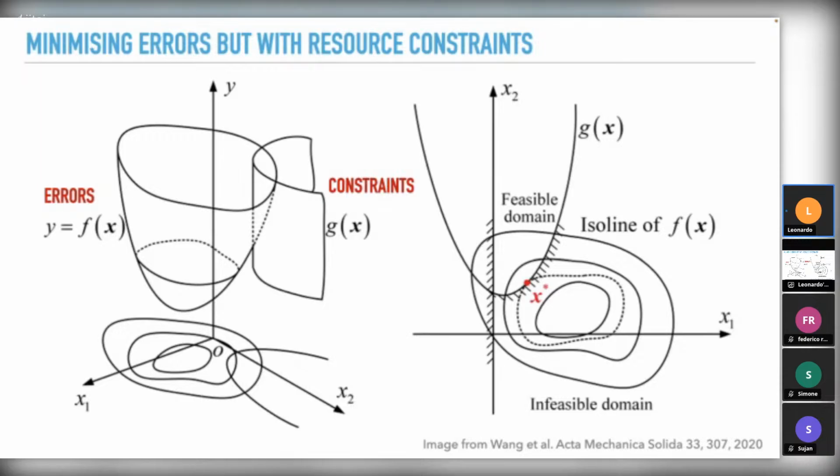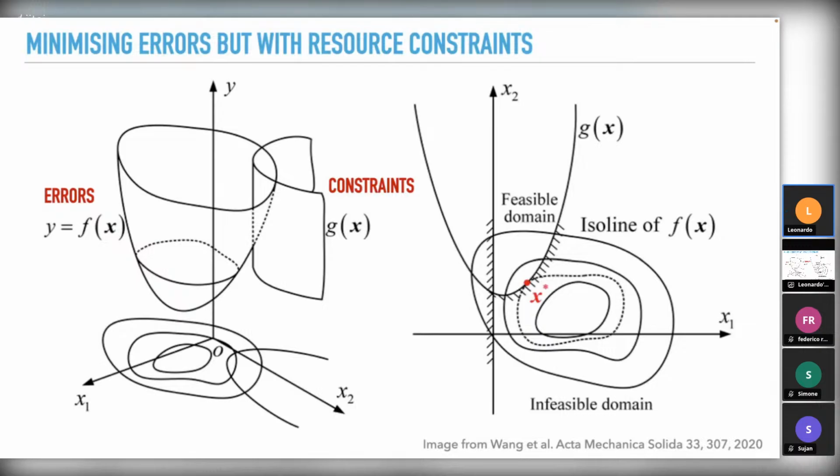But then when you introduce constraints, the whole problem changes. These constraints can also be nonlinear, like this one here. They can be in the form of equality constraints, where you have to be exactly along this surface, or they might be inequality constraints, where you have to be on this side of this surface over here. If we see, for instance, the projection on the x1, x2 plane, this will be our optimization problem without constraints, and what we want to get is this optimum over here.